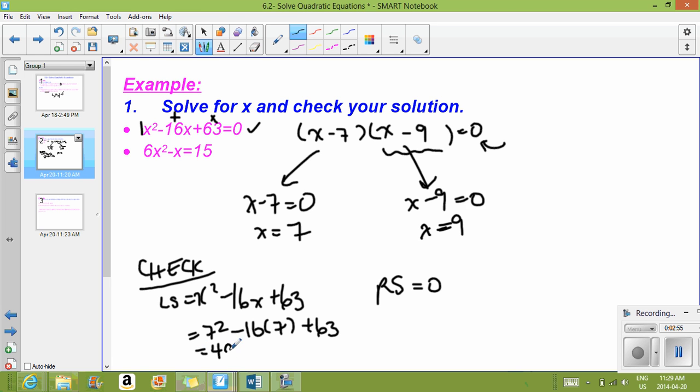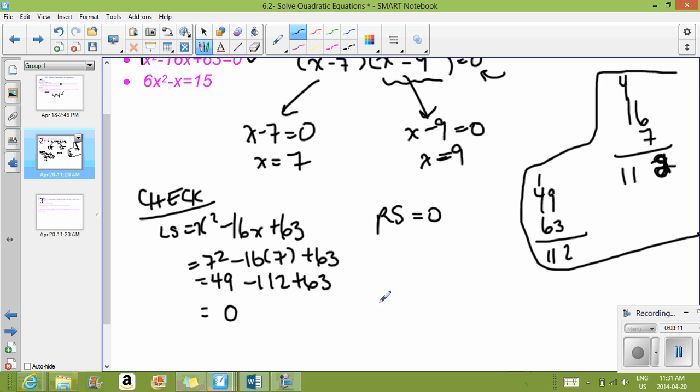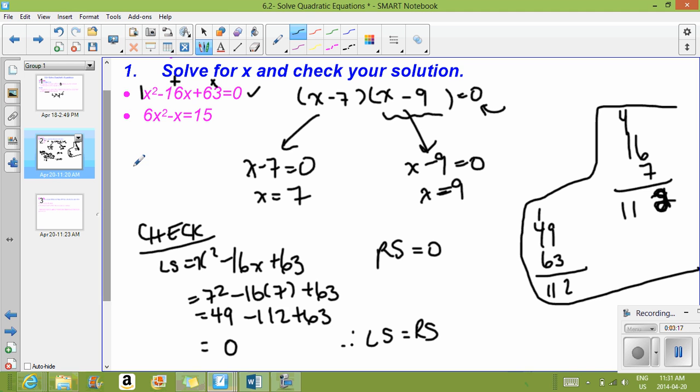And so we have 49. I've just done some math off to the side, but negative 16 times 7 is negative 112, and then we still have plus 63. And if we add all those together, we get 0. And so our left side equals our right side, and therefore the solution that we came up with is a true statement.